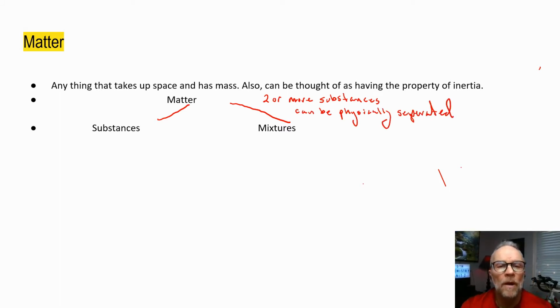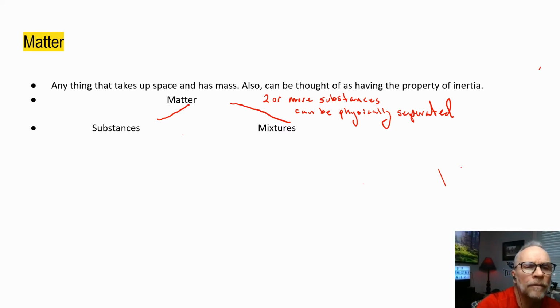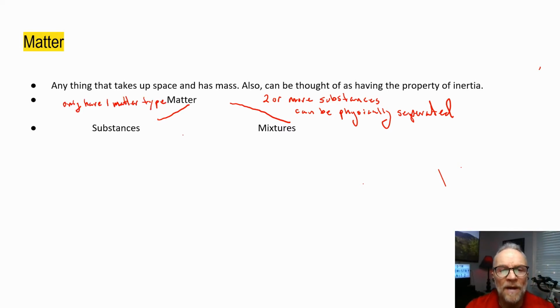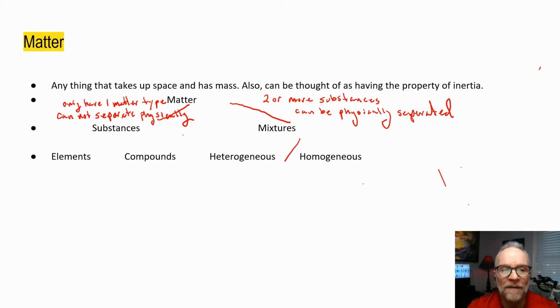Substances, sometimes called pure substances, only have one type of matter, and we cannot separate them physically. Within these we have four different categories: elements and compounds under substances, and heterogeneous mixtures and homogeneous mixtures under mixtures.